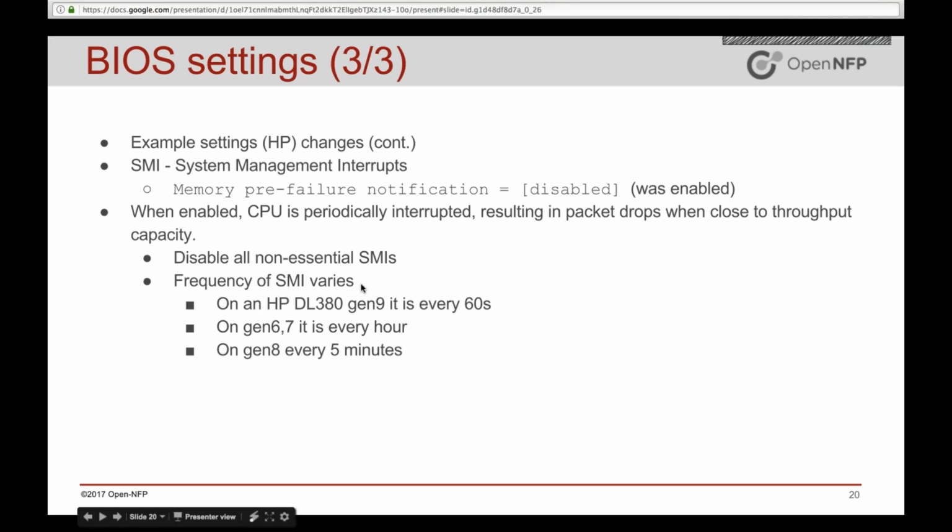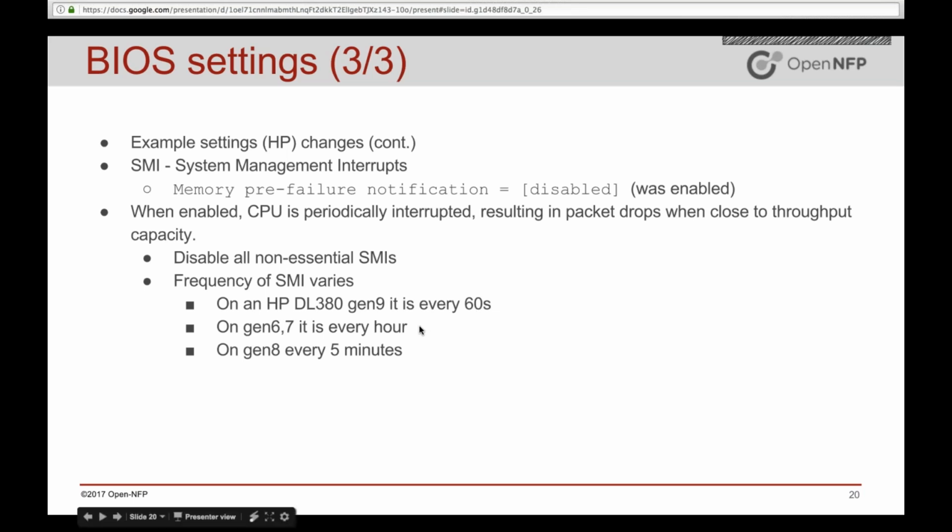In the different versions of the HP systems, they generate these interrupts at widely varying rates. On the HP DL380 Gen 9, it was every 60 seconds. On the Gen 6 and 7, it was every hour. And on the Gen 8, it was every 5 minutes. So it's going to depend very much upon your system, but clearly 60 seconds is frequent enough that it is very, very likely to impact your test and be visible in that test.